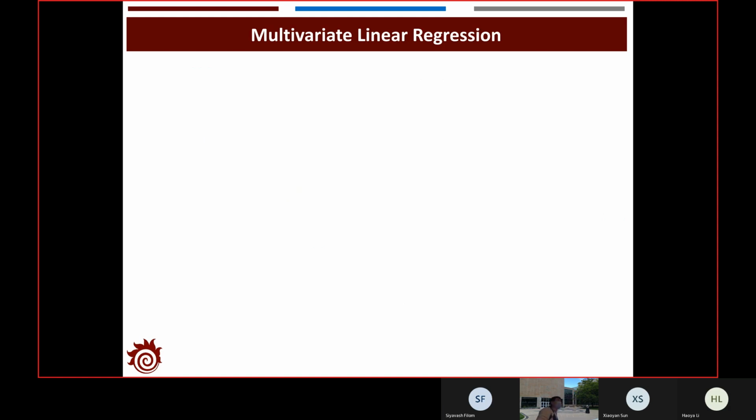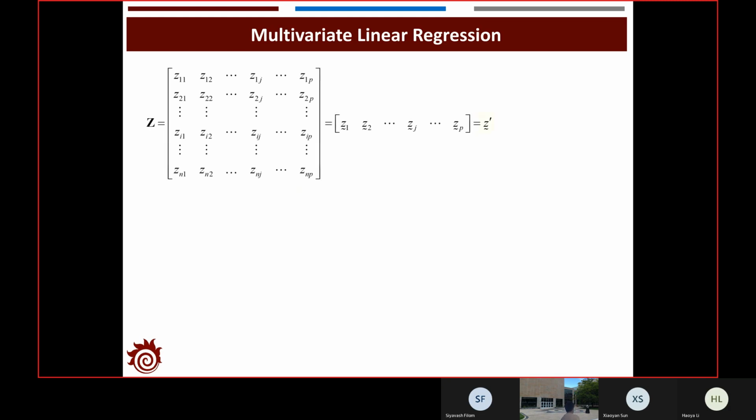Another feature we have for the multivariate linear regression. Now let's see more details and try to identify the covariance.